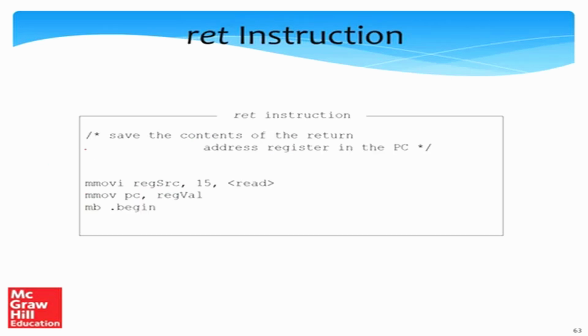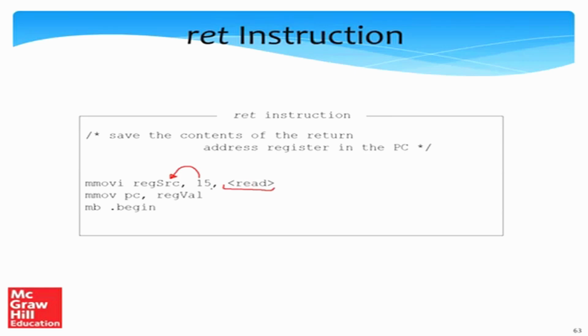Let's next look at the ret instruction, which is nice and simple. What this does is read the return address register number 15 and save its contents in the program counter, the PC. So we load 15 into reg source with the mmove immediate instruction, and we simultaneously send the read command on the bus.